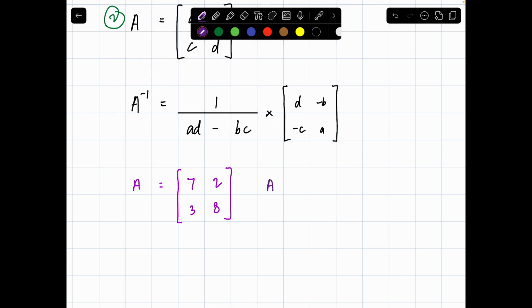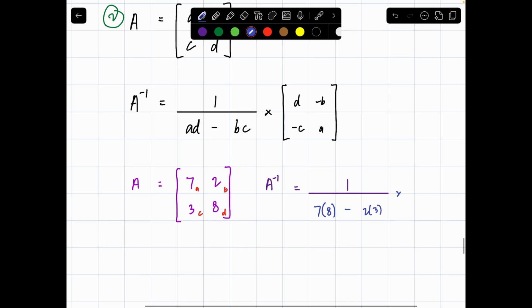A inverse is going to be 1 over, in this instance, A is 7 multiplied by 8, minus BC, which is 2 times 3.